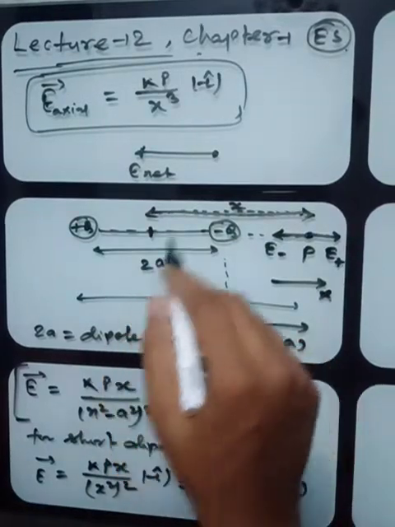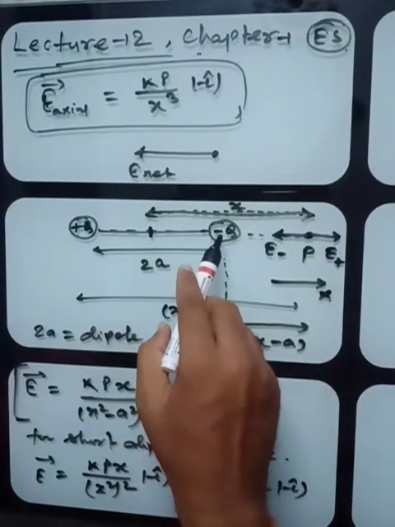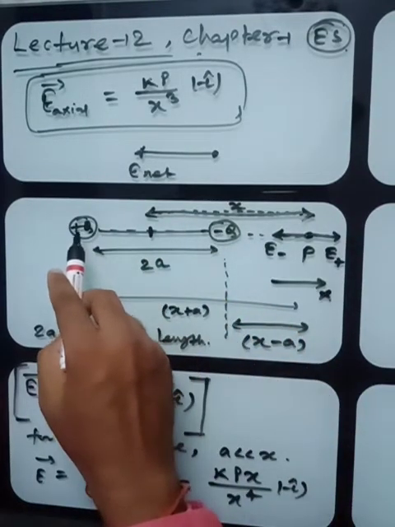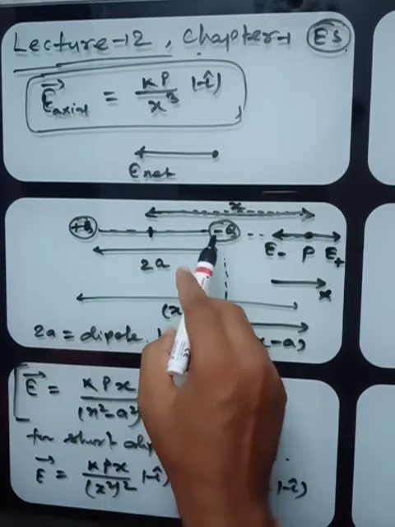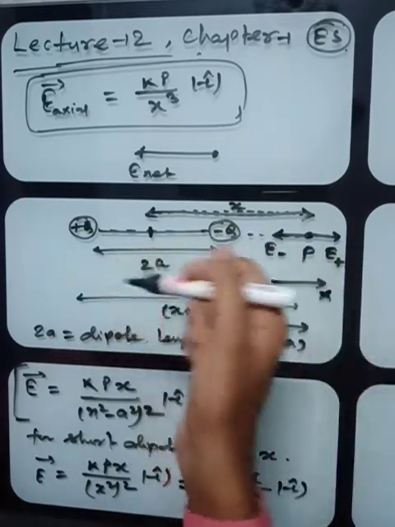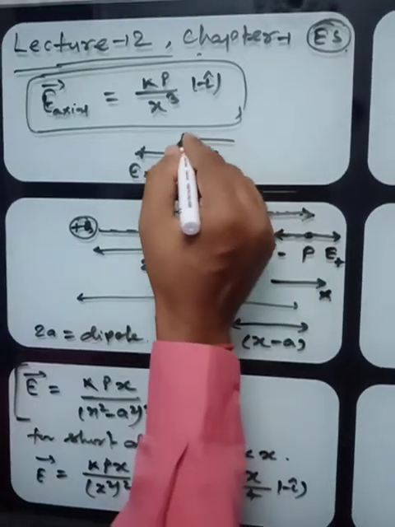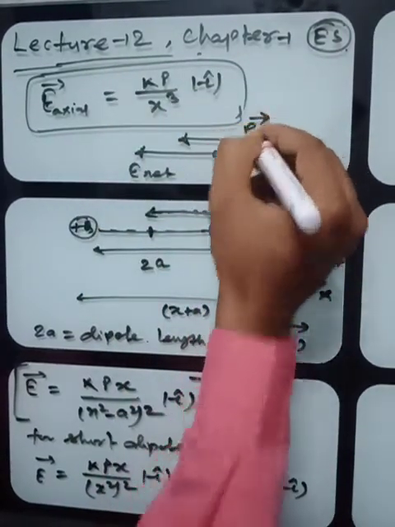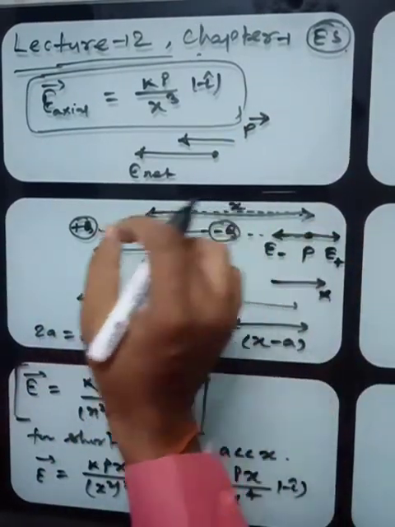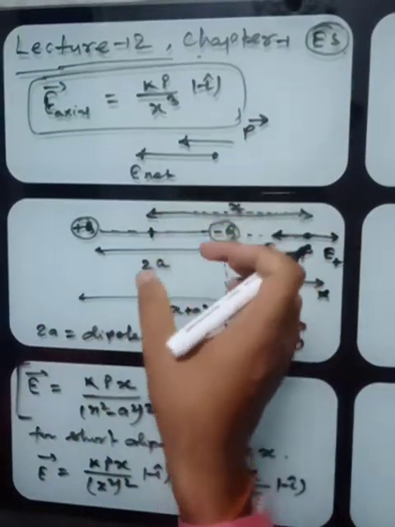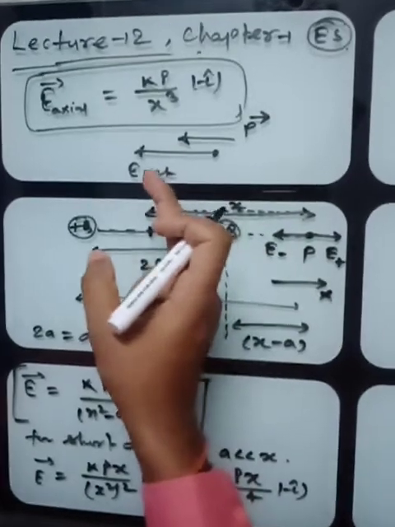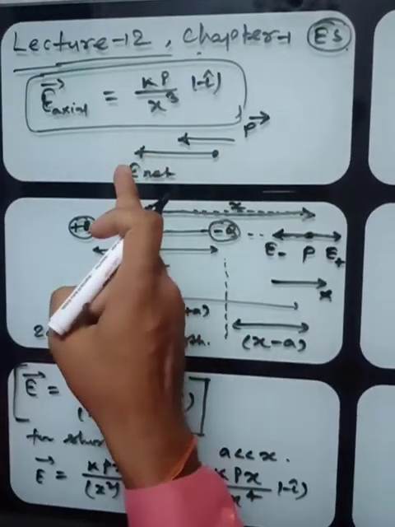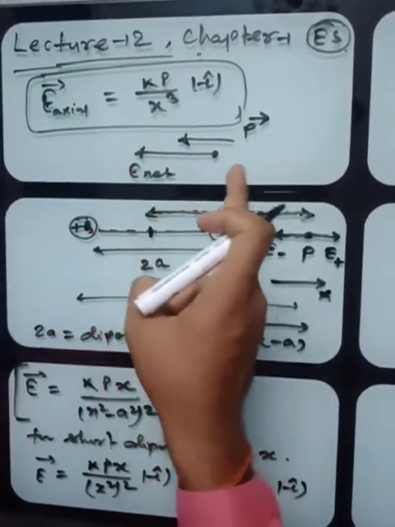Now the dipole moment. Here we have minus q and plus q, and as we know, the direction of the dipole moment must be from the negative charge towards the positive charge. So the direction of dipole moment will be the same. So we can write a very important note: the electric field at the axial point must be in the direction of the net dipole moment.